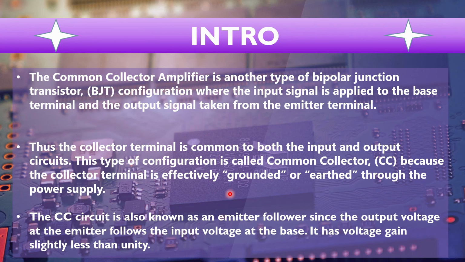Because the collector terminal is common and grounded, we call it a common collector amplifier. In this amplifier, we take the input signal from the base and the output signal from the emitter. So this circuit also has a name called an emitter follower. It has a voltage gain less than unity.